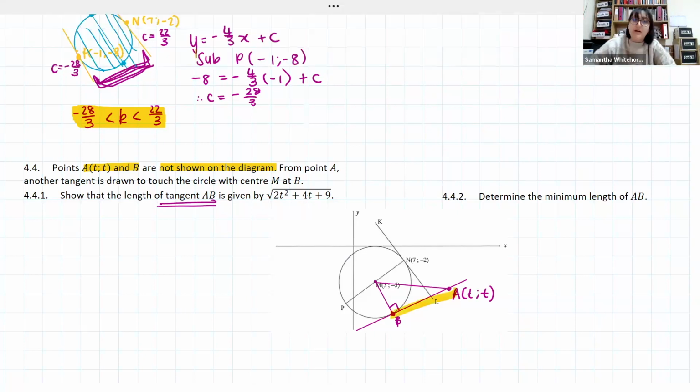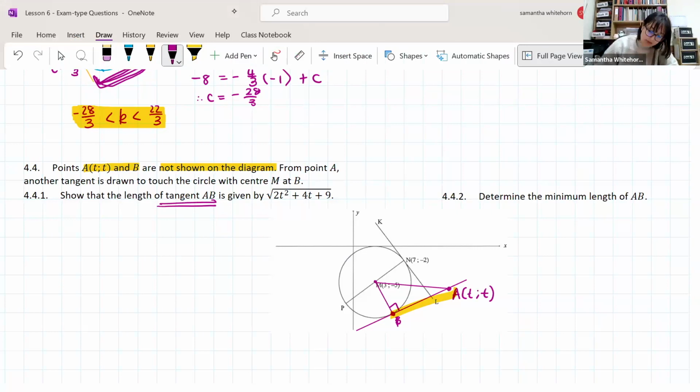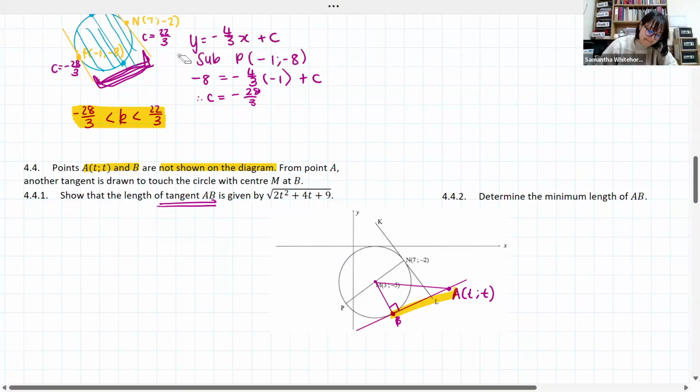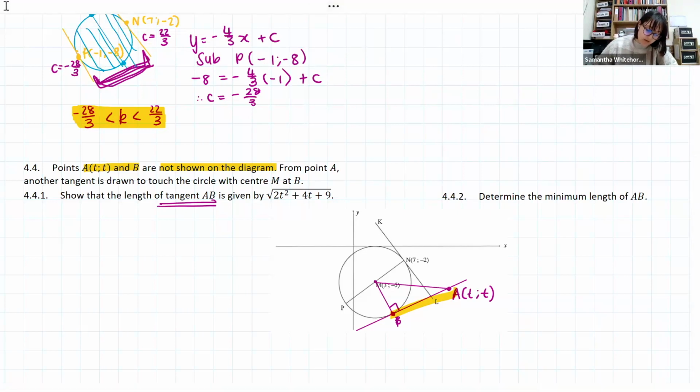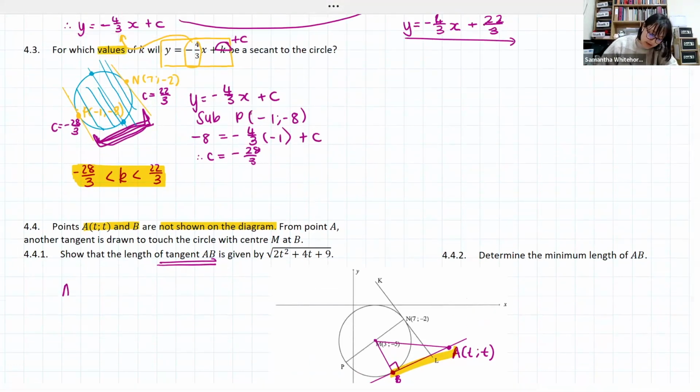using Pythagoras. Pythagoras says to us that our hypotenuse squared, that would be AM squared, is equal to AB squared plus MB squared, or BM squared, whatever you want to say.